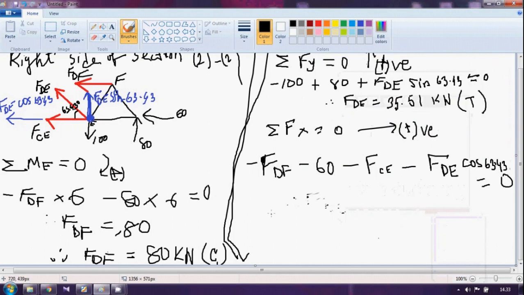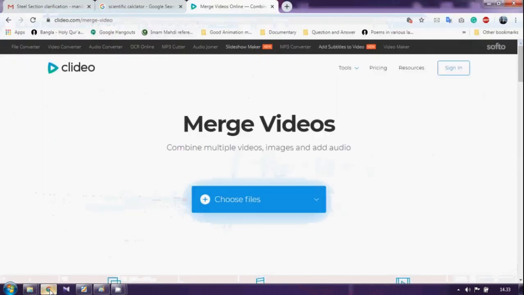So if I put the values here, what is the value of F_DF? It is minus 80, correct? So minus 80, minus 60, minus F_CE, which I have to determine. And what is the value of minus F_DE? It is 35.51 cos 63.43. So what would be the value?